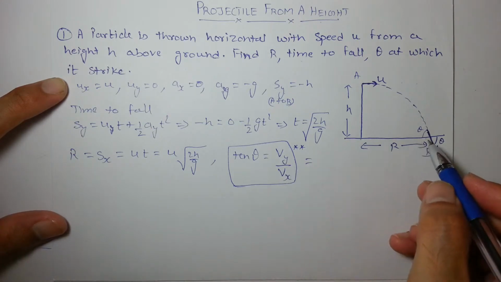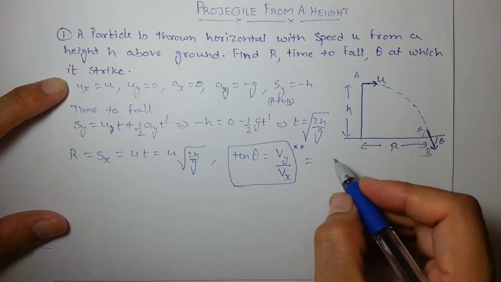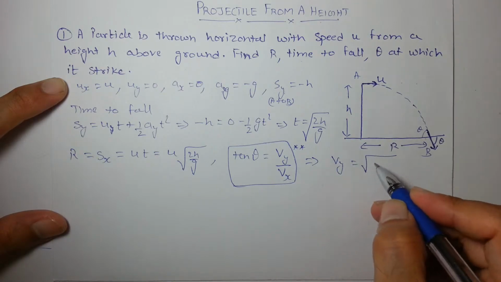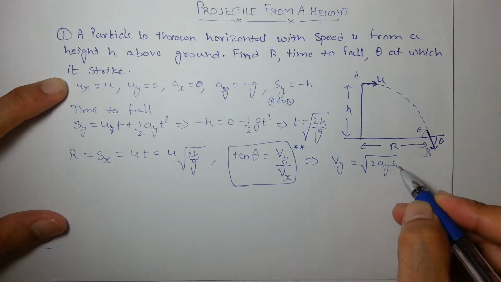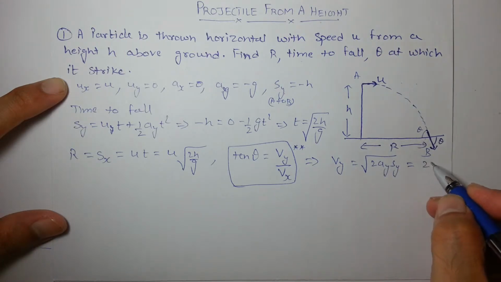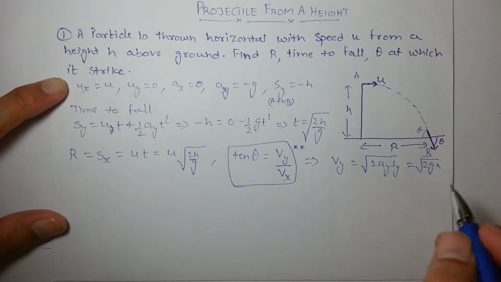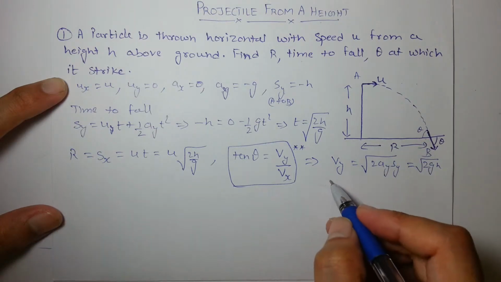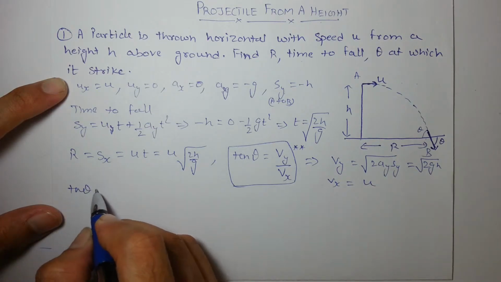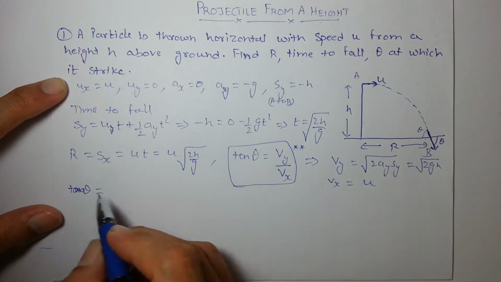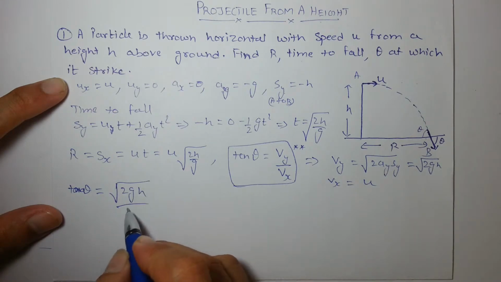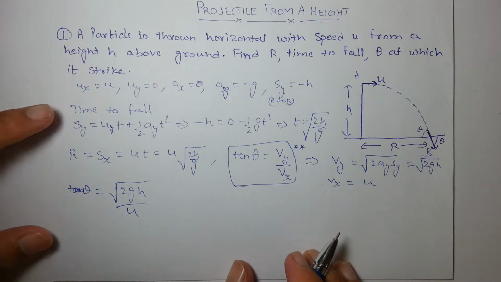So what is vy? After covering a height h, we can say vy is nothing but under root 2 ay sy. As uy is 0, so that will be root of 2gh. What is vx? vx will remain same, u. So tan theta is nothing but under root of 2gh by u. That is the tan theta.